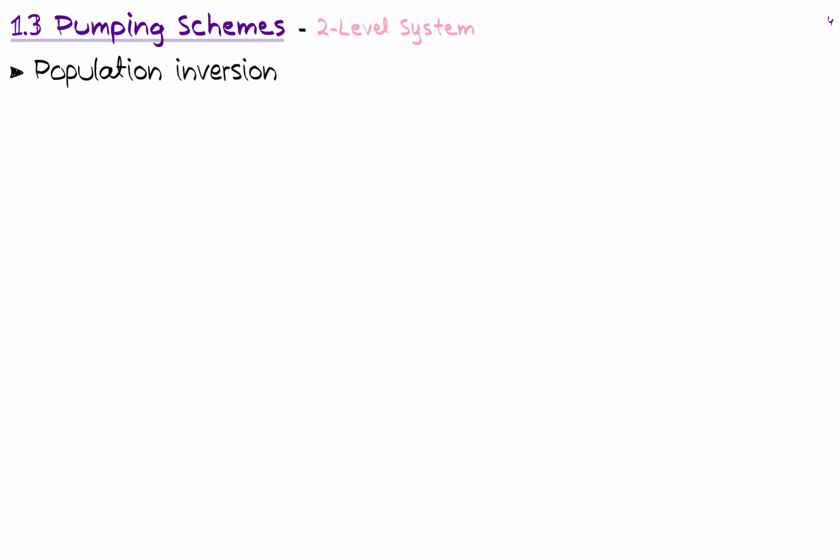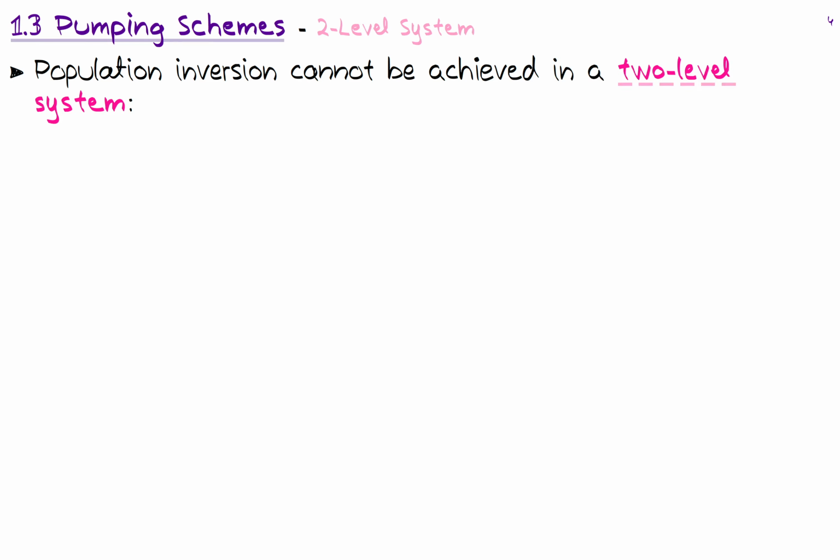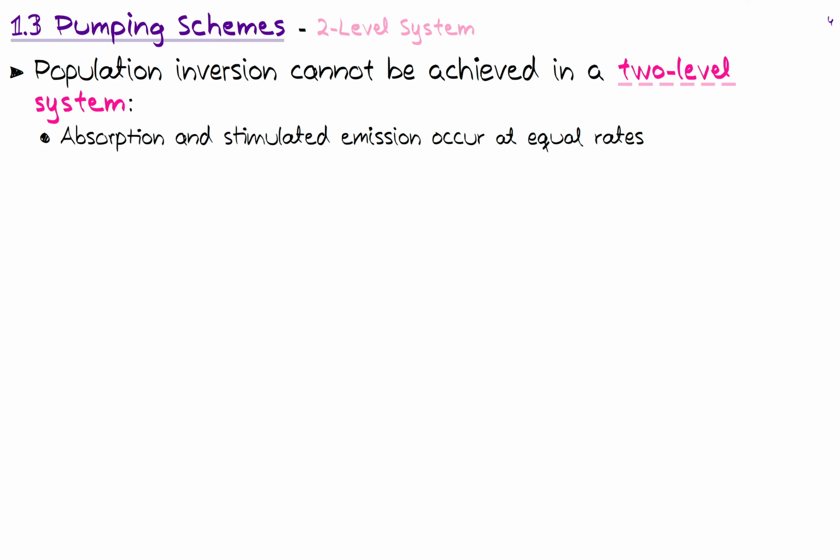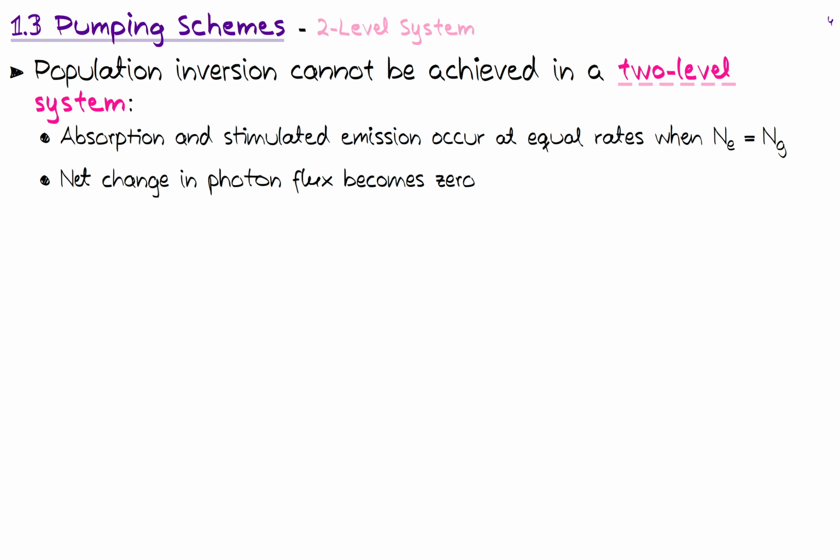In a 2-level system, we cannot really achieve population inversion. This is due to the fact that absorption and stimulated emission, the competing processes, can at best occur at equal rates when the populations are equal. This means the net change of photon flux becomes 0, and we cannot have light amplification.